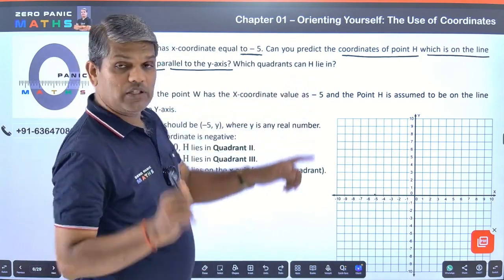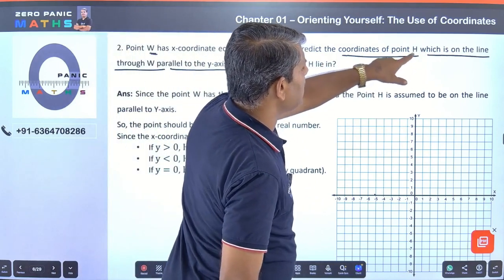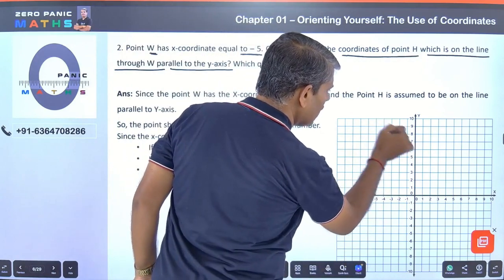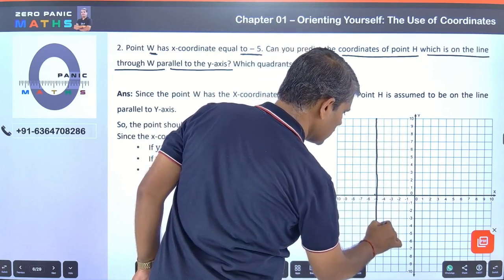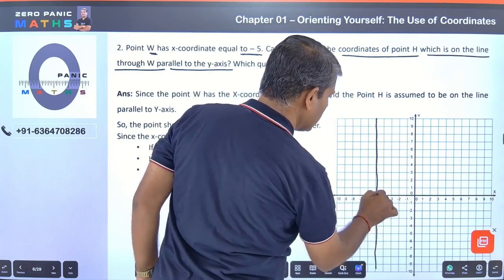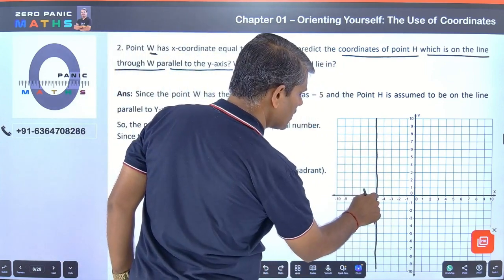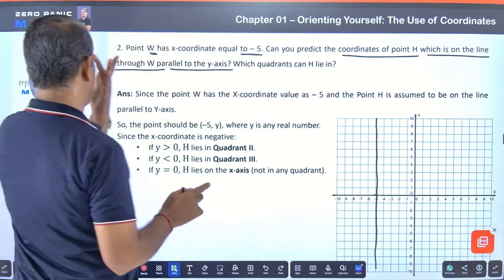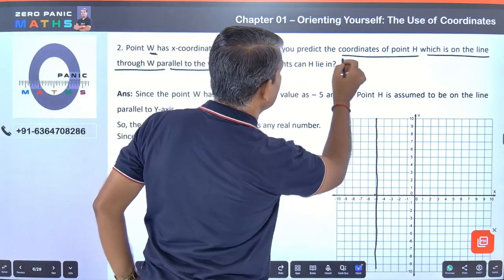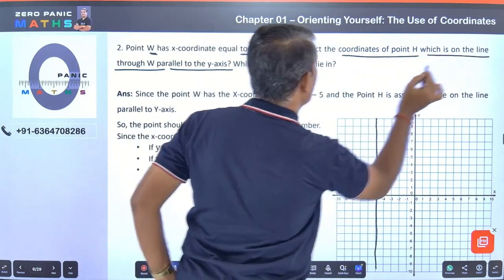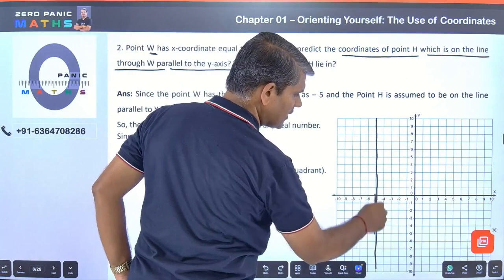But they have given that H is on the line parallel to the y-axis, so W might fall anywhere on this line. They are asking to predict the coordinates of H, which is on the line through W parallel to the y-axis.